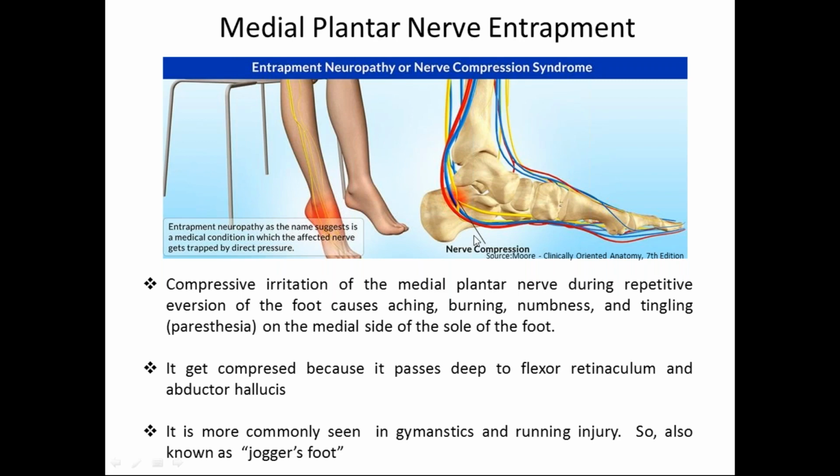Due to that entrapment, there will be aching, burning, numbness, or tingling on the medial side of the sole of the foot, where the medial plantar nerve gives cutaneous innervation. As it is seen in gymnasts, it is also known as jogger's foot. So that's all about the medial plantar nerve.